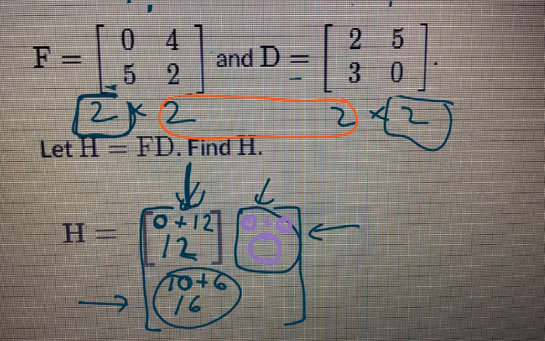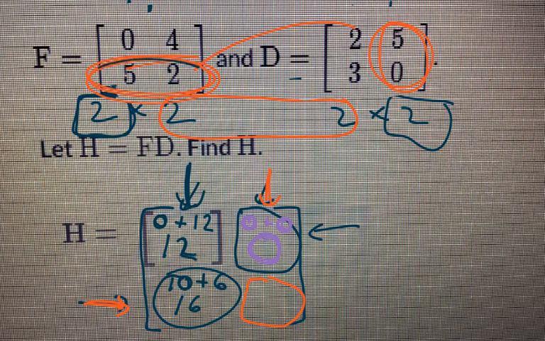One more to go, guys. To find this last section, notice it's the second row, second column. So we're going to take the second row with the second column. Now, another thing you could do, which I like to do, is I'll take the second row here and just put it right next to the second column like that. See what I did?